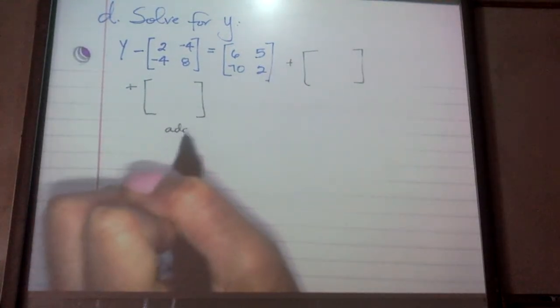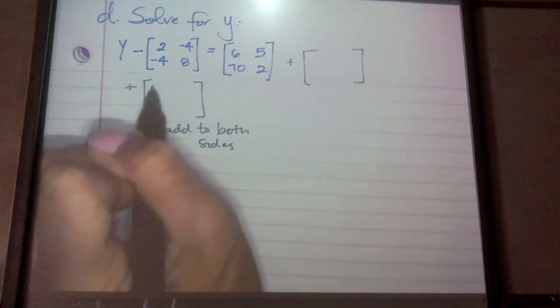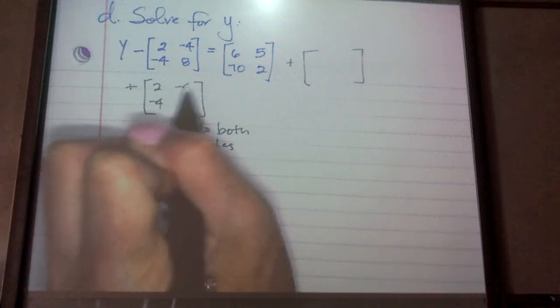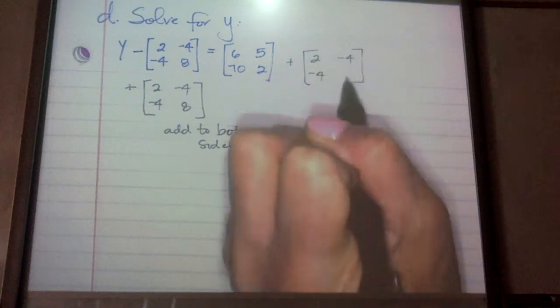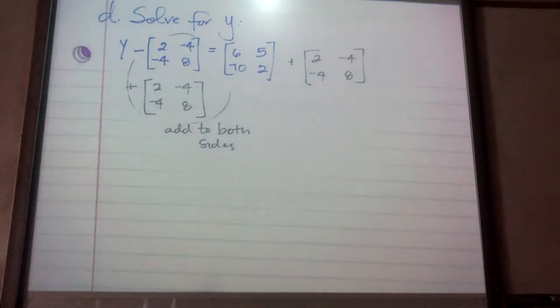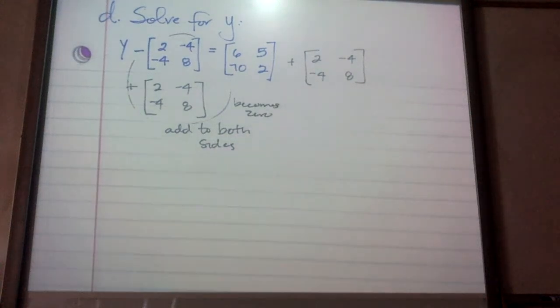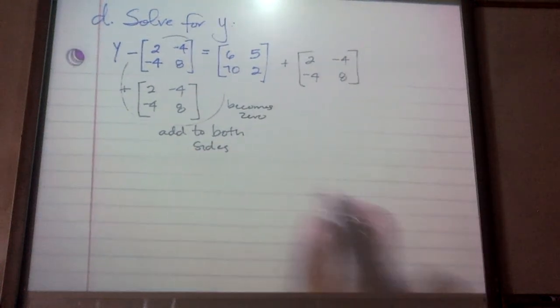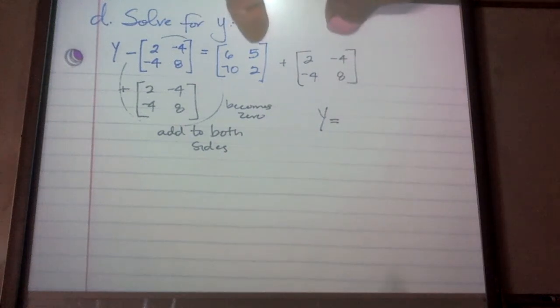So I've got 2, negative 4, negative 4, 8, and 2, negative 4, negative 4, 8. These will zero out. This becomes 0. And so I'm left with y equals, and I'm going to add these two together.